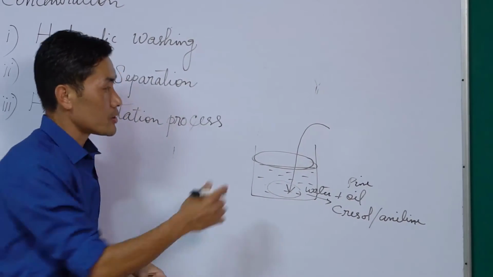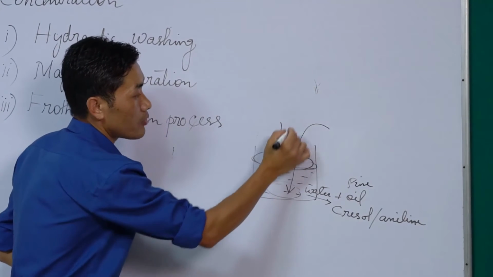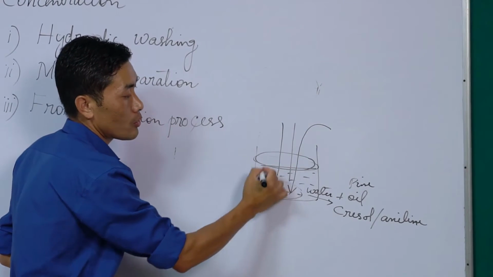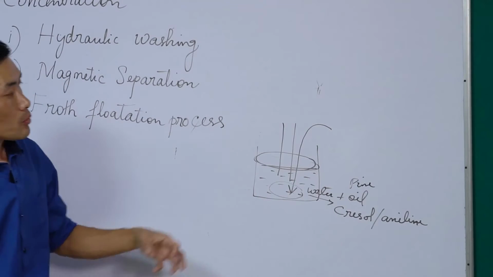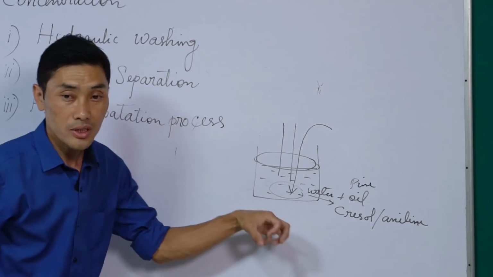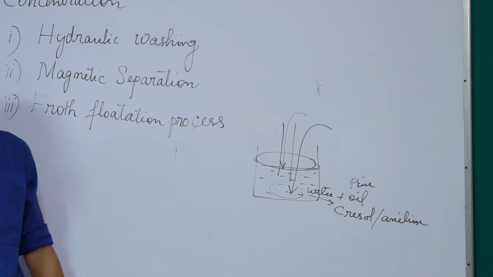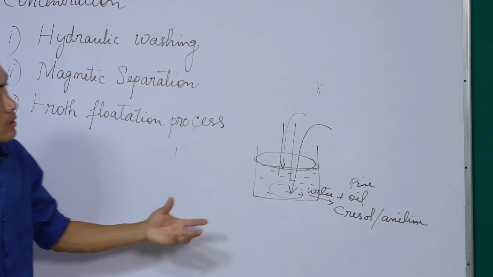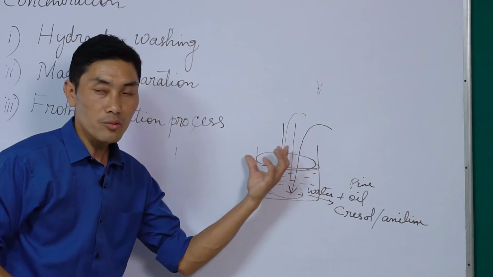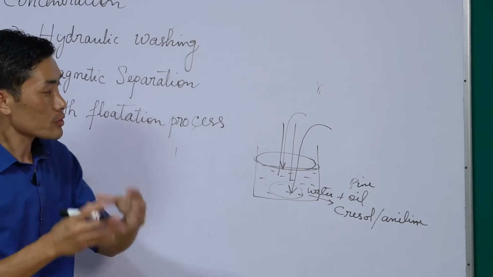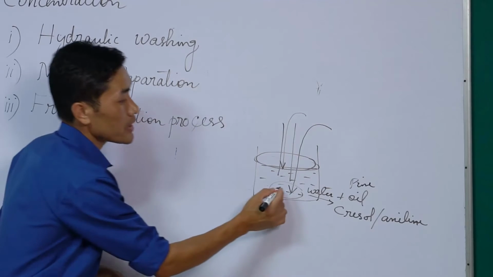Now, this mixture is agitated with the help of some rotating paddles, which not only agitate the mixture, but also allow air to go into the mixture. Due to this, froth will be formed. Some bubbles of the oil will be formed, which rise to the top.